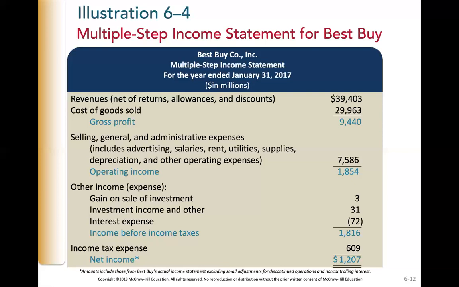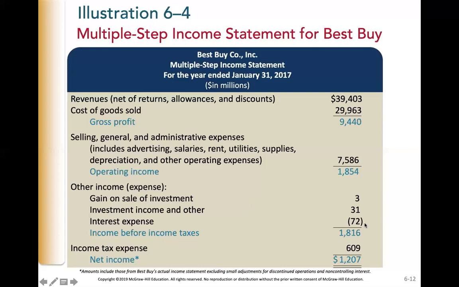That's not Best Buy's normal day-to-day business. Investment income and other incomes, and then interest expense is often a commonly included non-operating expense. As you'll notice, since we're listing other income and expenses together, your income items are listed as positives and your expense is listed as a negative in parentheses.